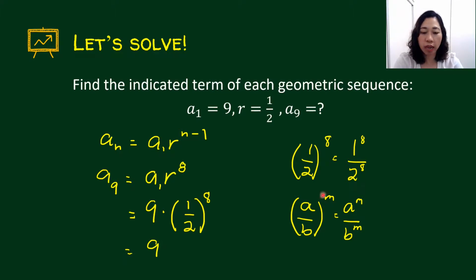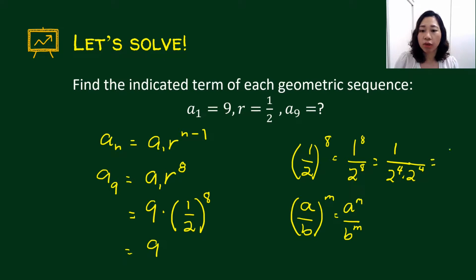So this one, m, you distribute it to the numerator and denominator. Okay, but 1 raised to 8, 1 multiplied by itself 8 times is still 1. 2 to the 8 is, actually you can use the same technique that we had earlier. You can write it as 2 to the 4th times 2 to the 4th, okay?